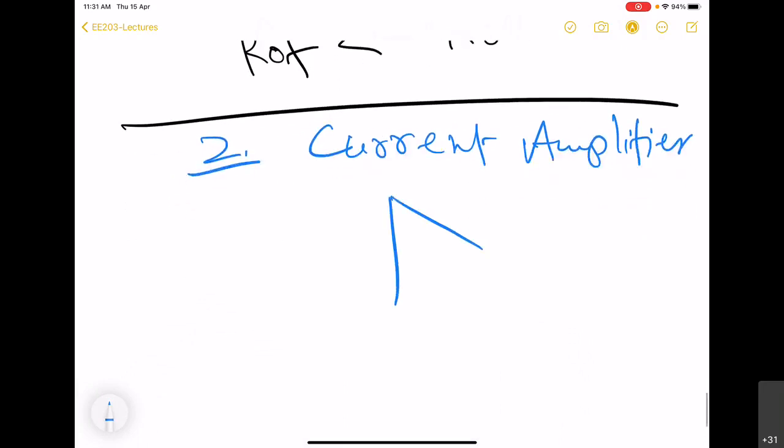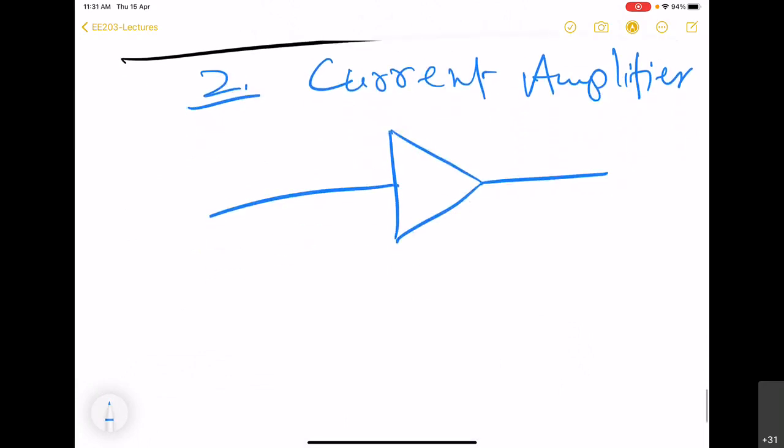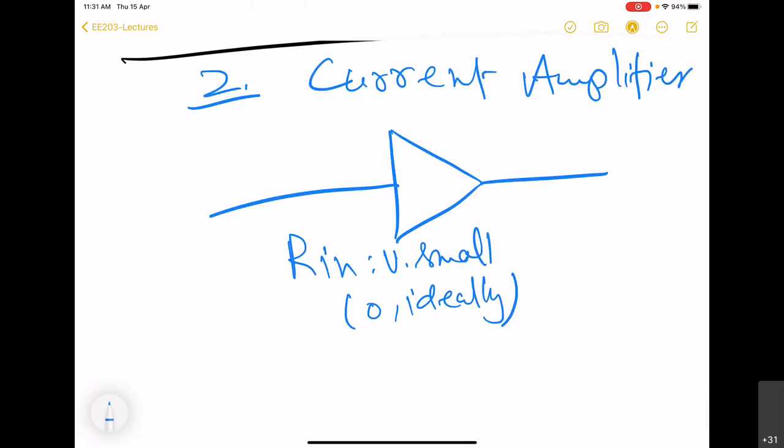We know that for a current amplifier, since it senses current, the input impedance should be very small, ideally 0, and the output impedance should be very large, ideally infinite, and its transfer function or gain will be designated by AI.